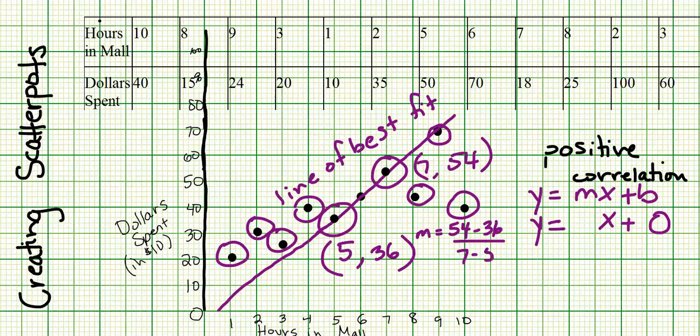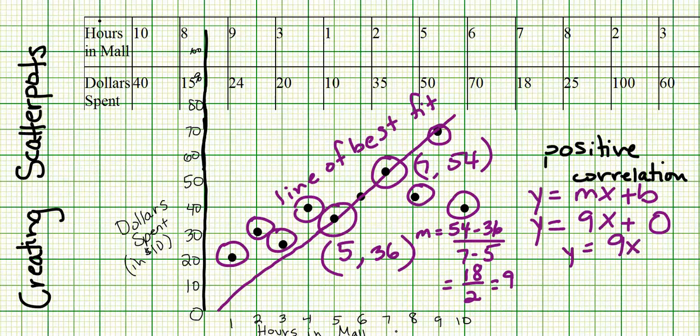And 7 minus 5, that's going to be 2. 54 minus 36. Let's see, 54 minus 34 is 20, and I actually subtracted 36, so it should be 18. So y equals 18 divided by 2 gives me a slope of 9.